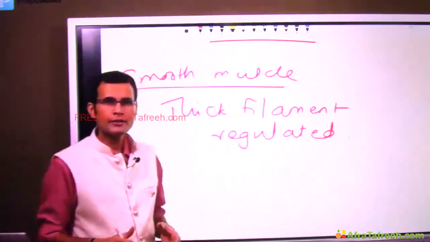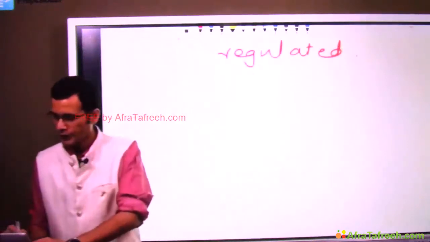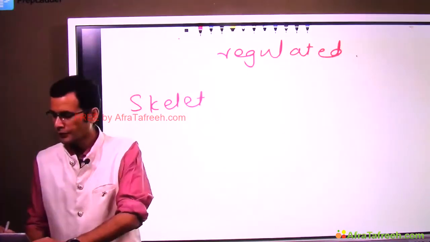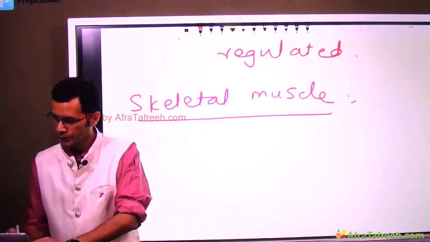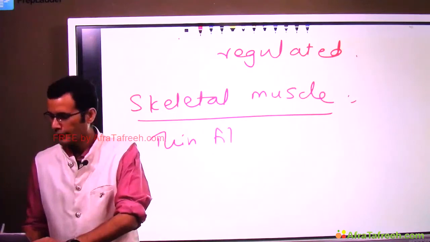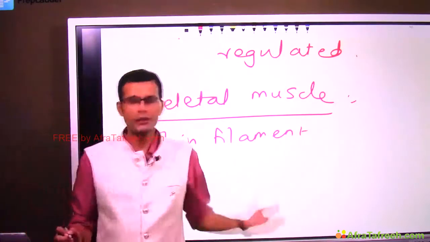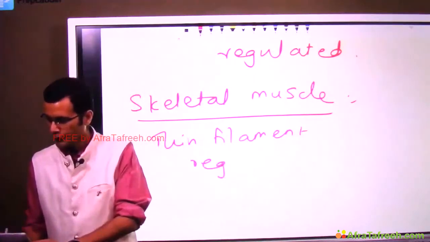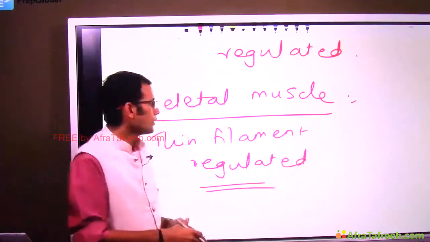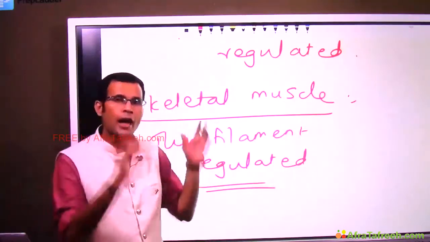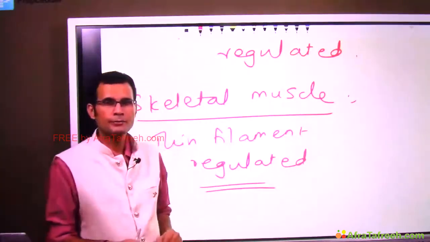Why did I emphasize this? Because skeletal muscle contraction is called thin filament regulated. Look at the comparison. Skeletal muscle contraction is called thin filament driven or thin filament regulated. And why is that? It's because the so-called active sites are present on the thin filaments.